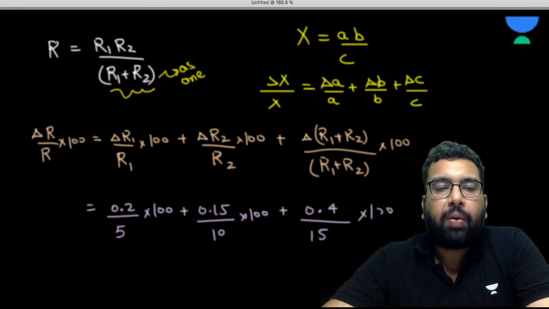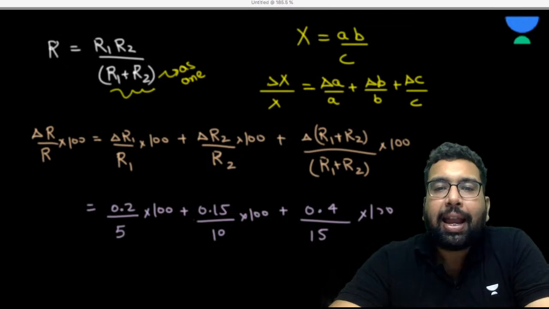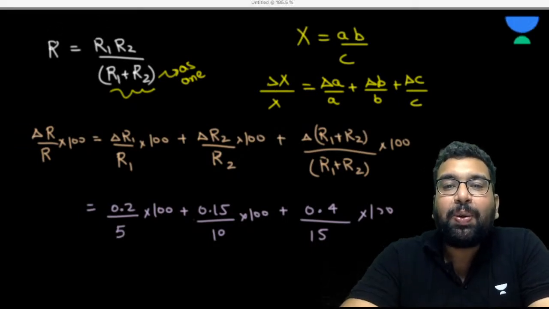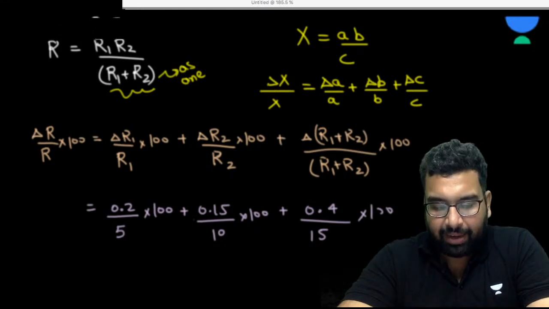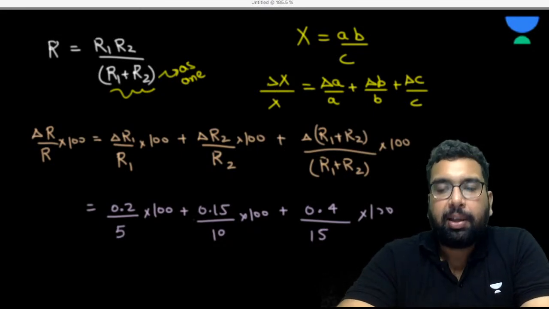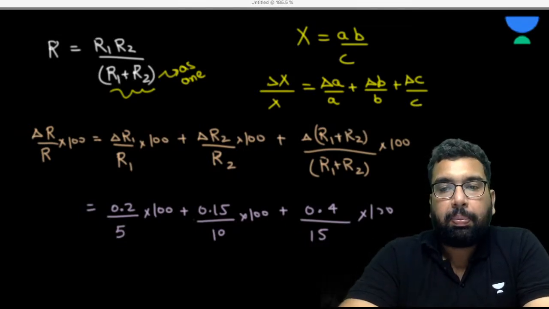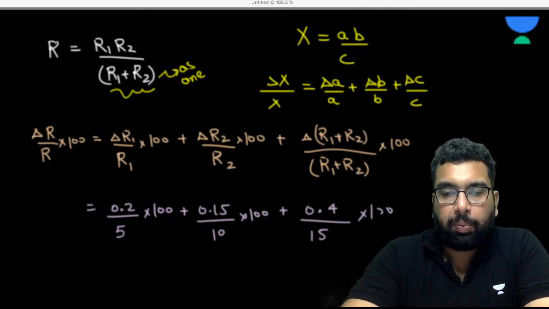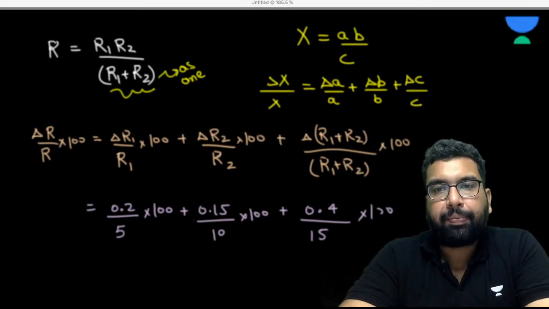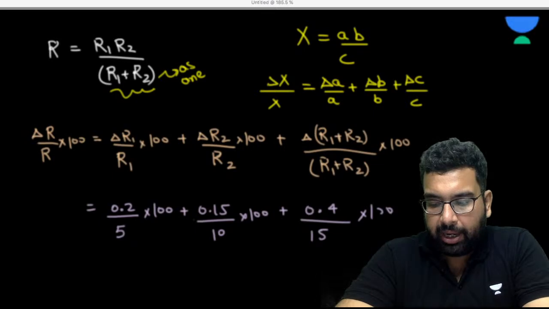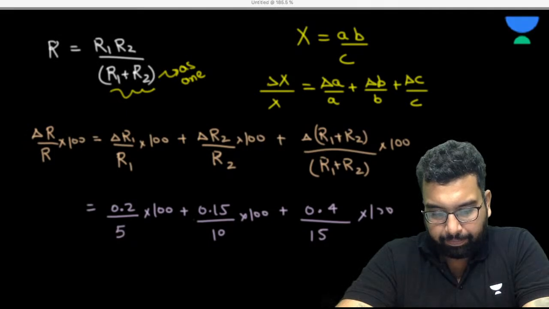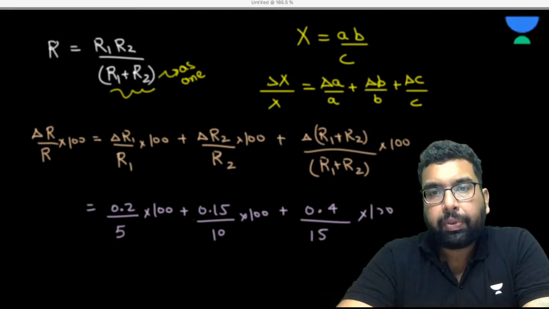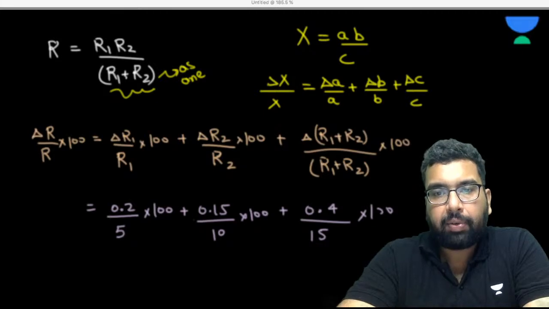Since I am a teacher, can I use the calculator? You don't use the calculator, you do it by yourself. So 0.2 by 5 plus 0.15 by 10 plus 0.4 by 15. Then I have to multiply it with 100.